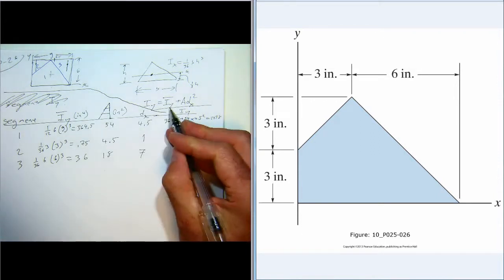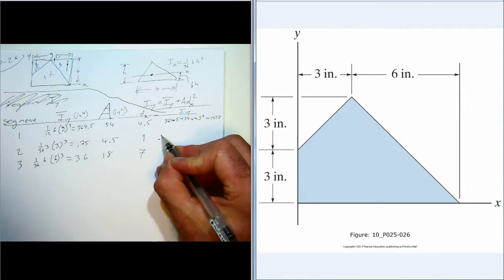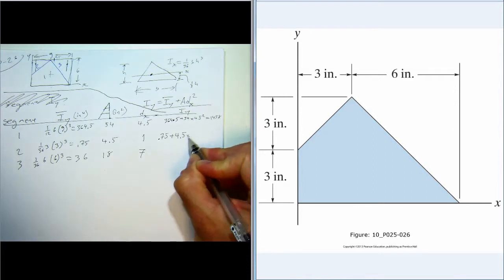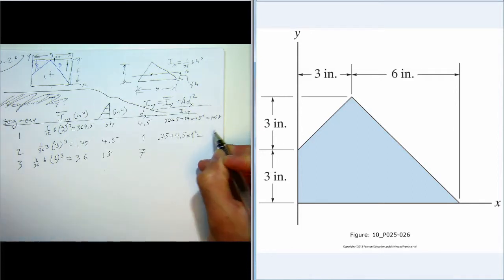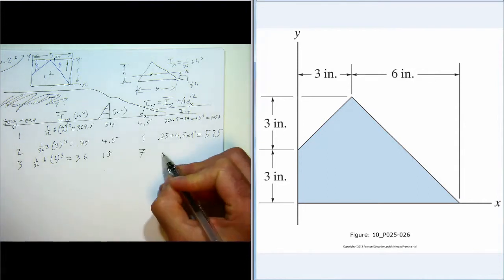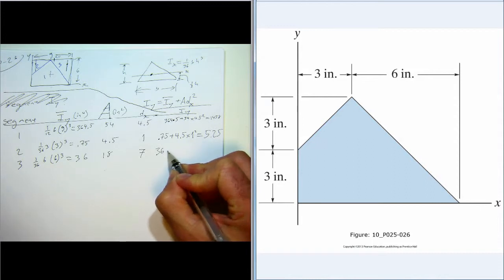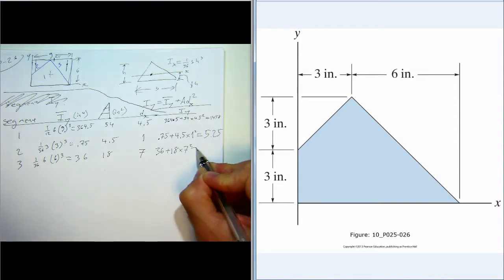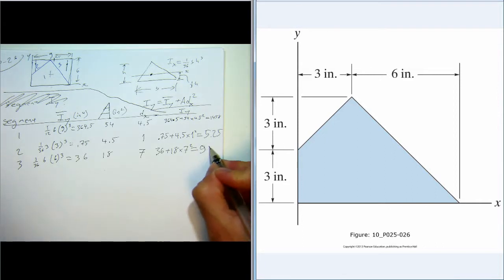And now for the next segment, 0.75 plus 4.5 times 1 squared, and that is 4.5. No, that's 5.25. And finally, 36 plus 18 times 7 squared, 918.